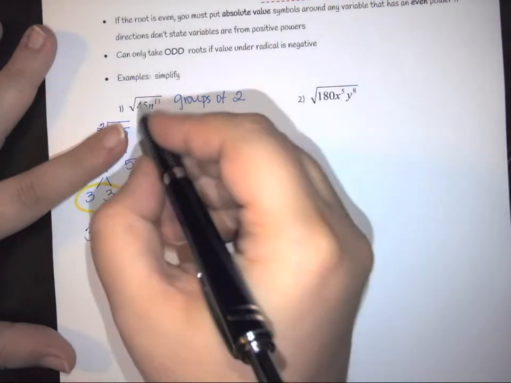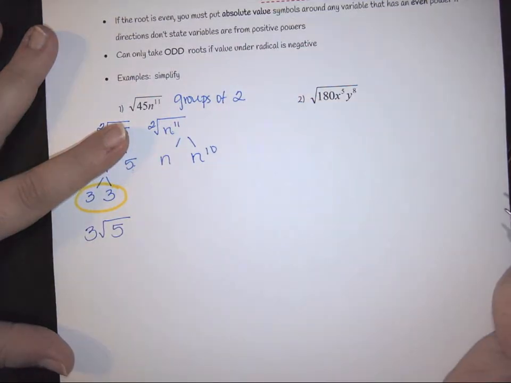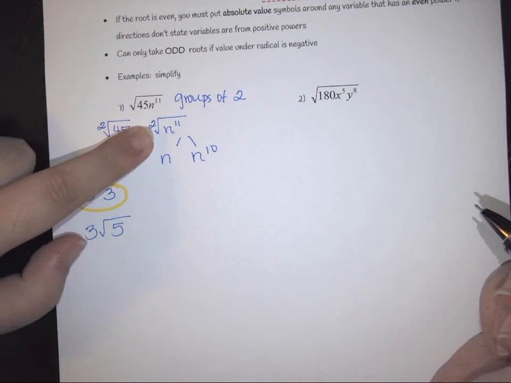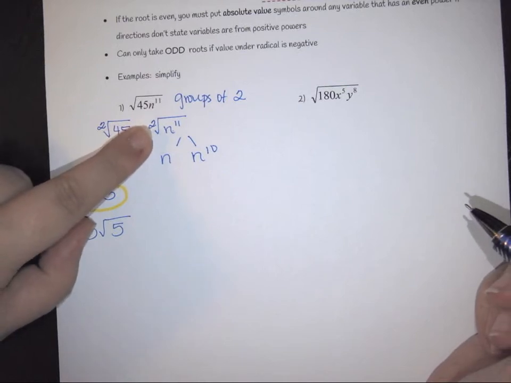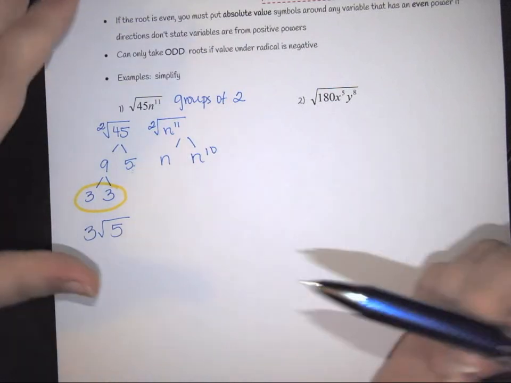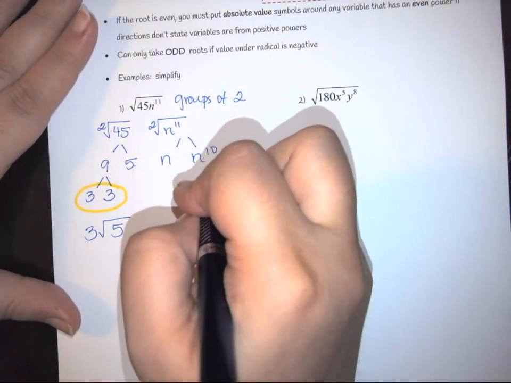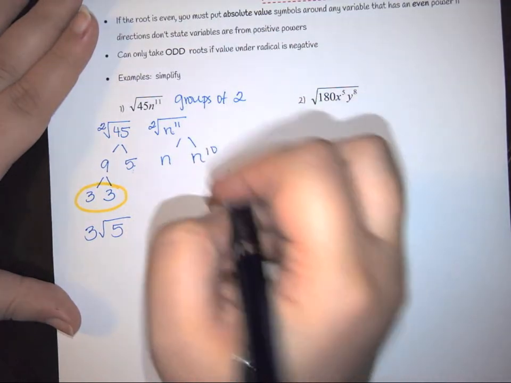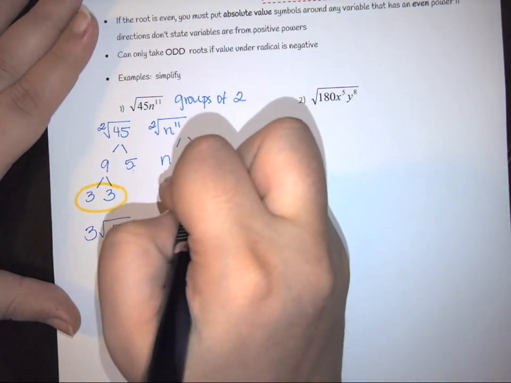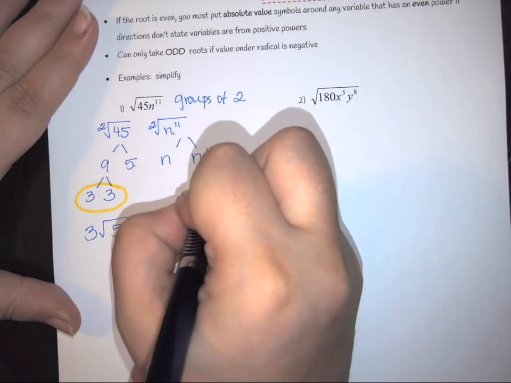Now again, my index here is 2, which is an even number. So one of the things I can look at is, can I divide 2 nicely out of 10? Well, in this case, I can, which means by dividing the 2 out, this side becomes n to the 5th.